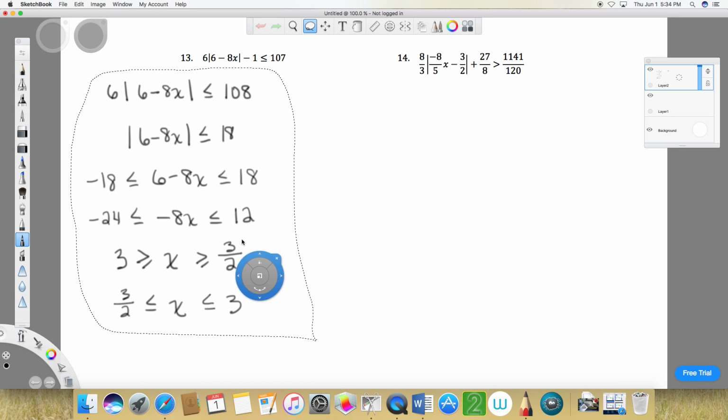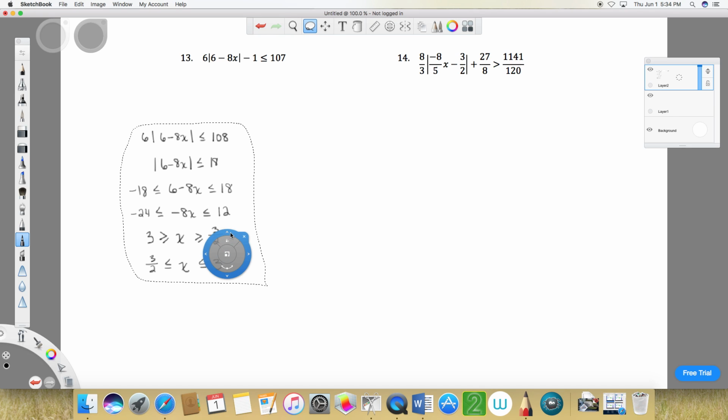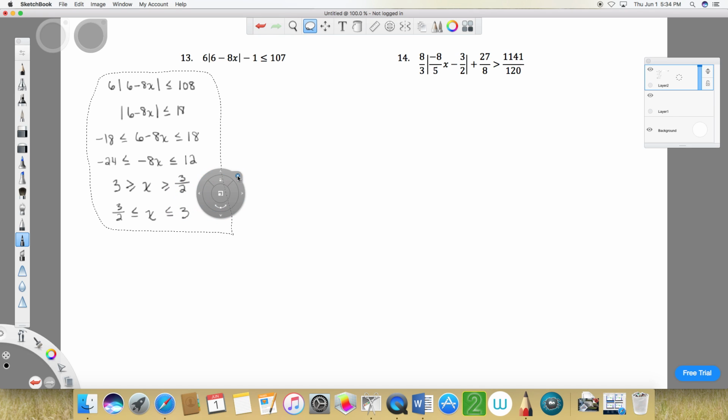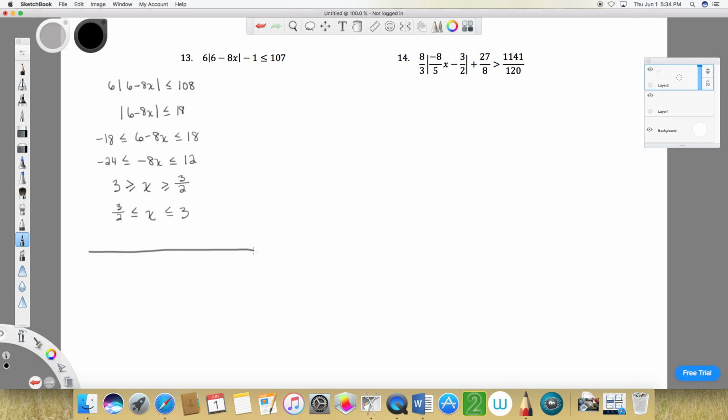So by having the smaller number on the left, when I come in to sketch my solution set, I've got 3 halves, which is 1.5, and 3 is bigger than 1.5.